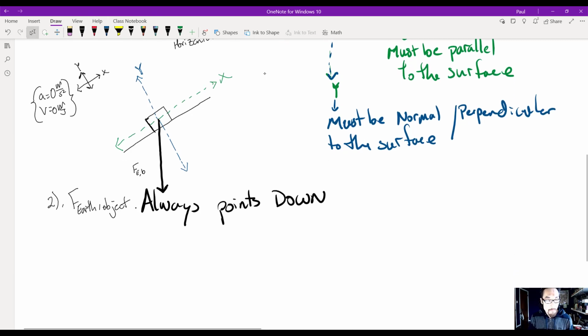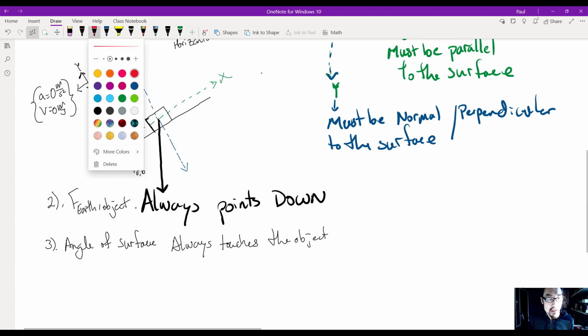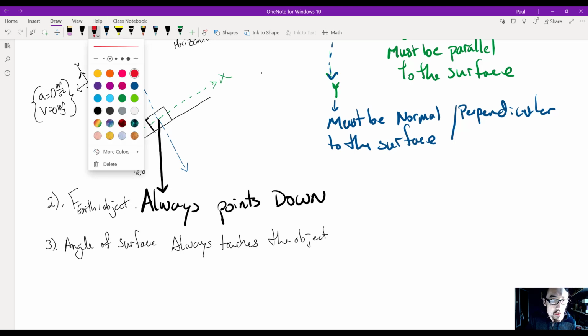Now the next part, I'll explain the math behind it, but I want to show you the rule first. So the third rule is angle of surface always touches the object. What I mean by that, I'll draw the angle of the surface in a different color so you can easily see this. Let's do this in purple. Actually, that's not purple, that's red.